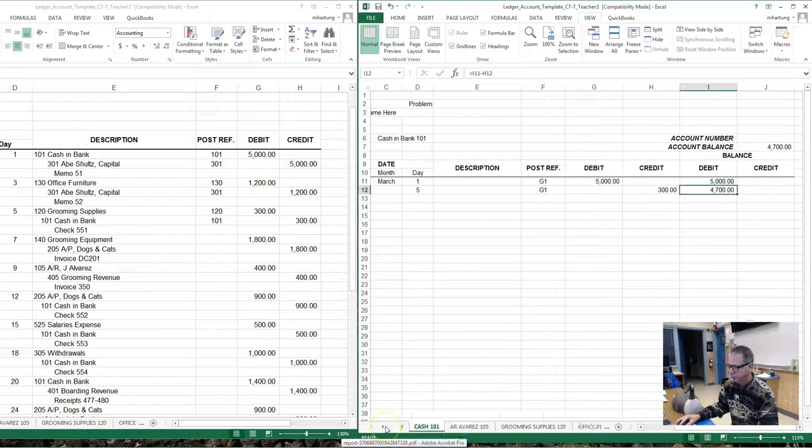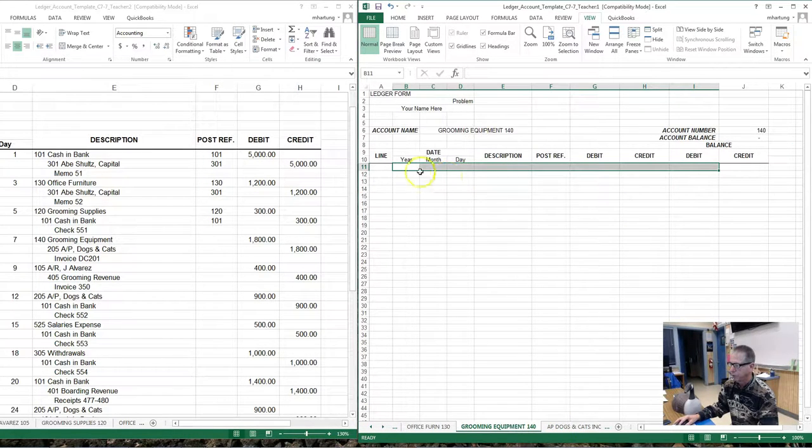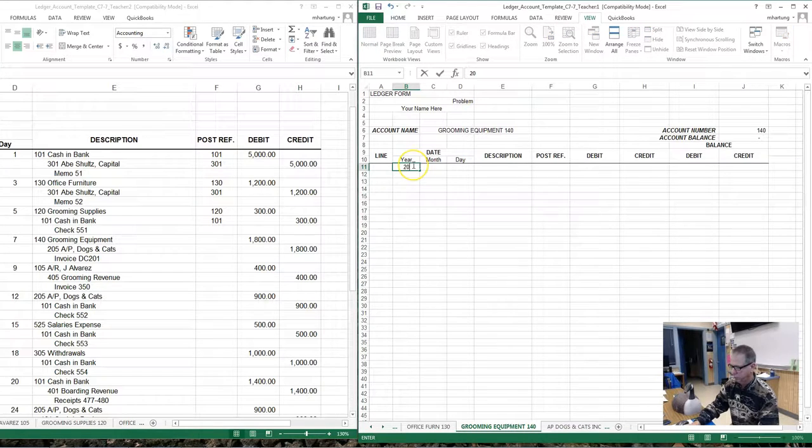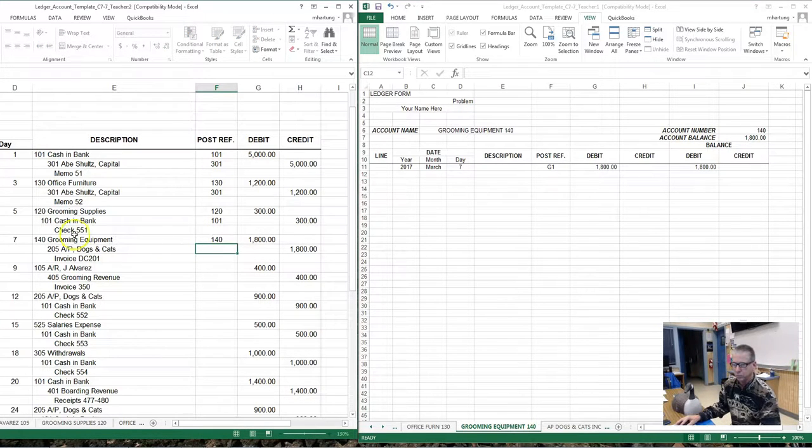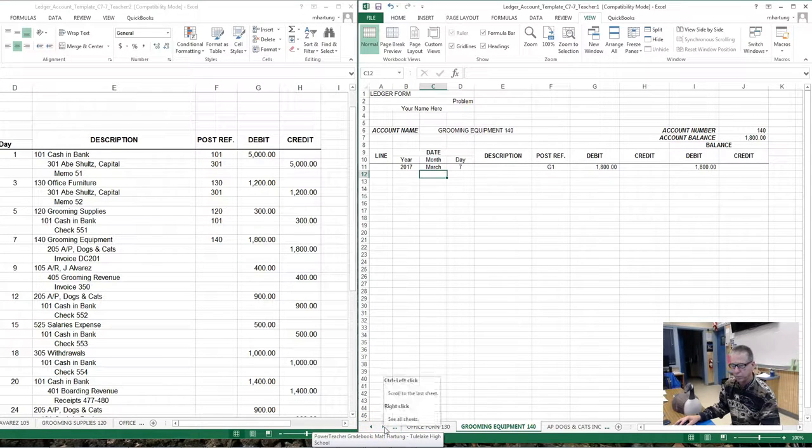Grooming equipment. Account 140. Seventh. $1,800. We paid for it on account, so we need to go to our liability account for dogs and cats.